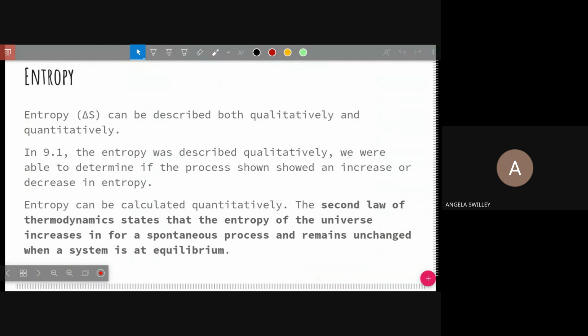Entropy can be calculated, and we have a formula that I'm going to give you. The whole reason that we are talking about entropy is because the second law of thermodynamics states that the entropy of the universe increases for a spontaneous process and remains unchanged when a system is at equilibrium.